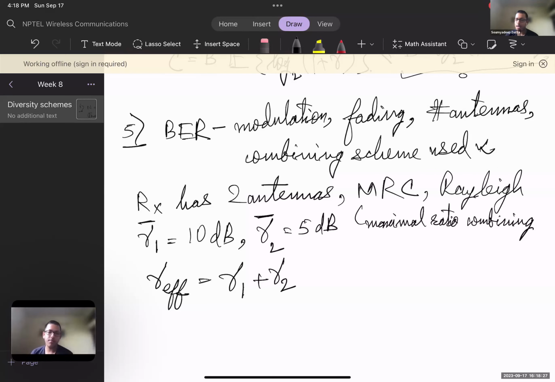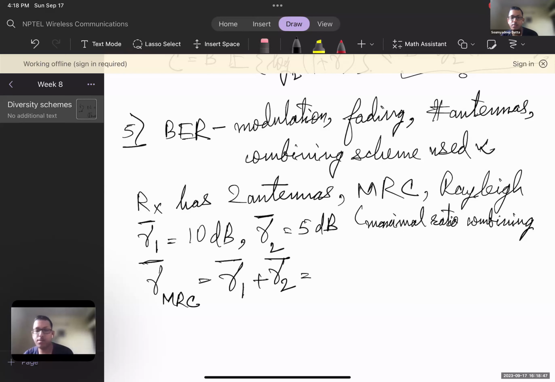It is able to combine the effect of both the antennas. And if I take average on the left, I will take average on the right-hand side also.